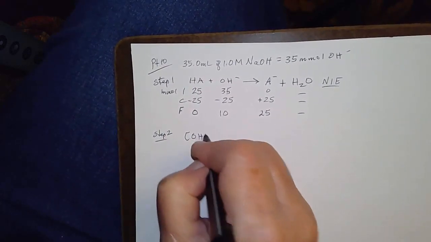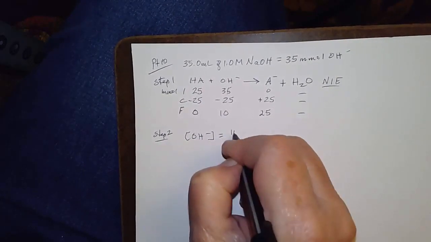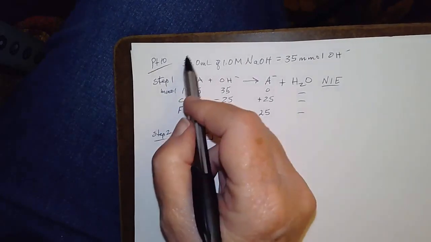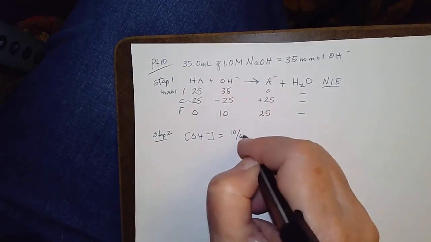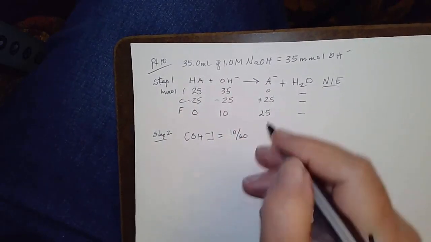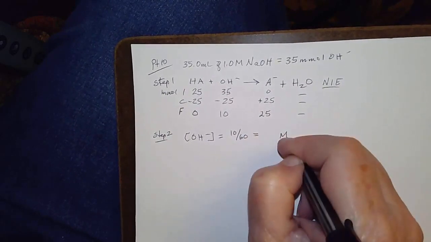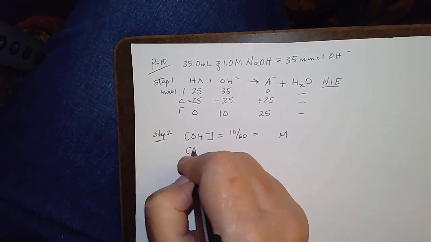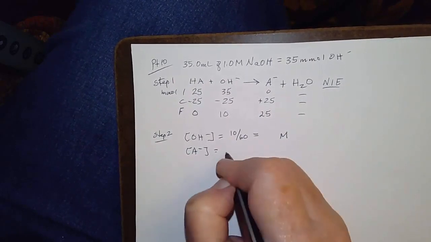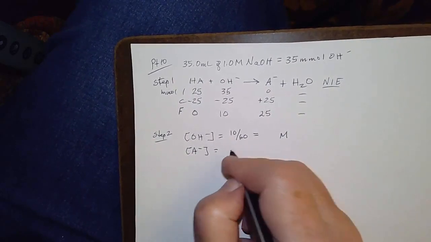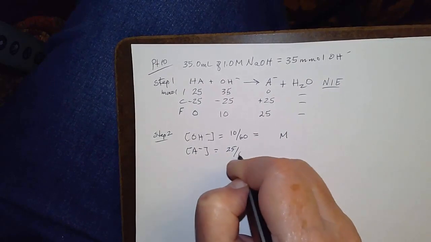Concentration of hydroxide is 10 over 35, and 25 is 60. 50, 60, yeah. And that's 1/6 molar. Okay. Concentration of the conjugate base is 25 over 60.